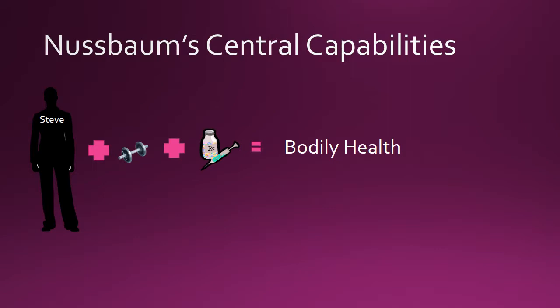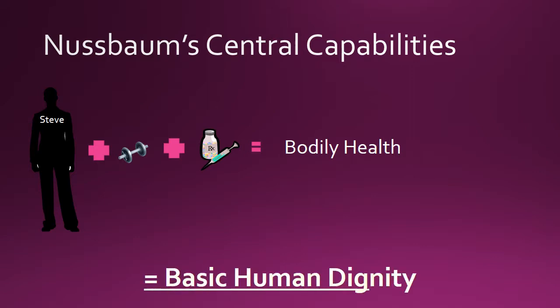When Steve has all of his central capabilities met, he has basic human dignity. On the flip side, Nussbaum says capability failure occurs when they do not meet the necessary standard for basic human dignity. Failure of basic human dignity is the best way to define a wretched condition. Therefore, Nussbaum's definition of poverty is clearly the best.